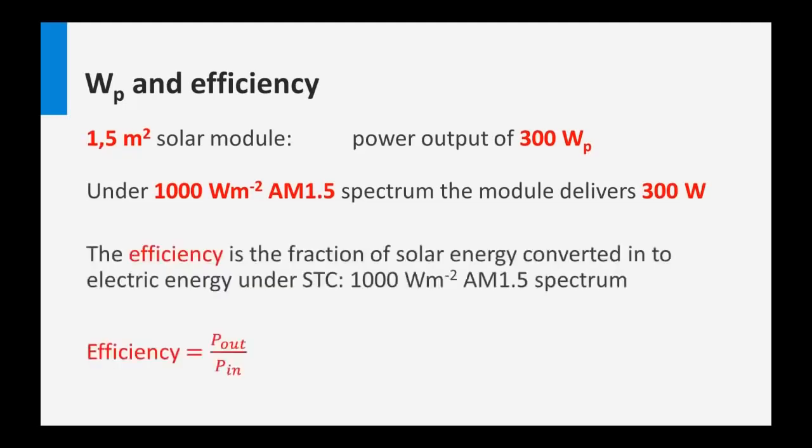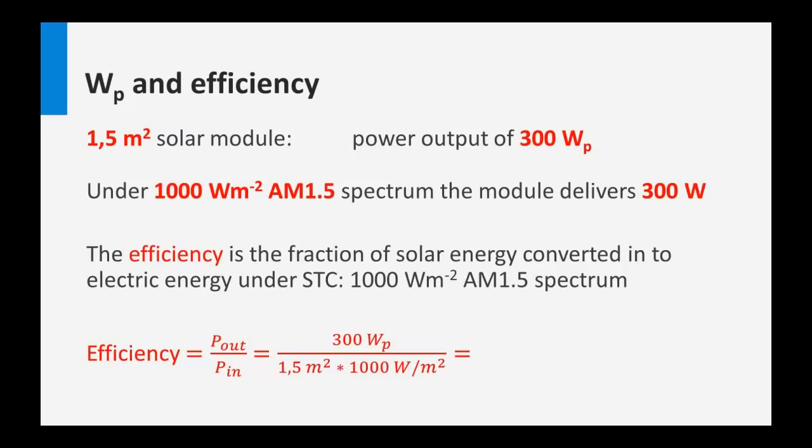The efficiency is the fraction of solar energy which is converted into electrical energy, again under standard test conditions. As we have discussed, the efficiency is the power coming out of a solar cell divided by the total power of light which we put into the solar cell. So if we look again at this solar module of 1.5 square meters, the output at standard test conditions is 300 watts.